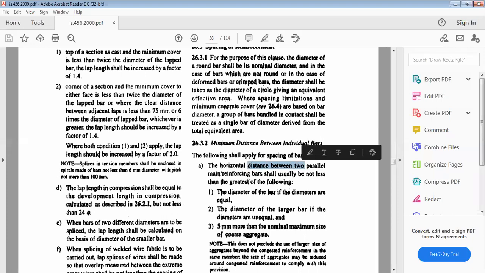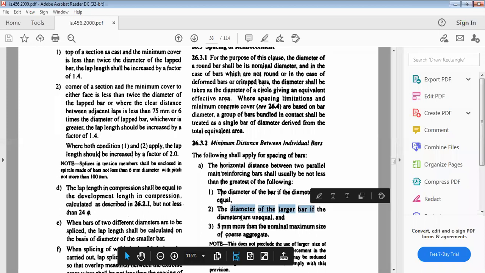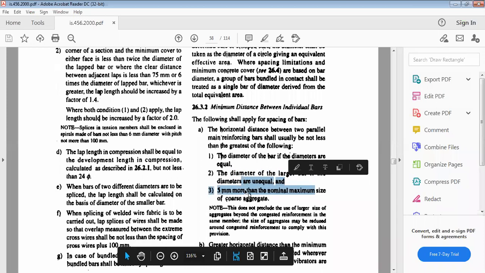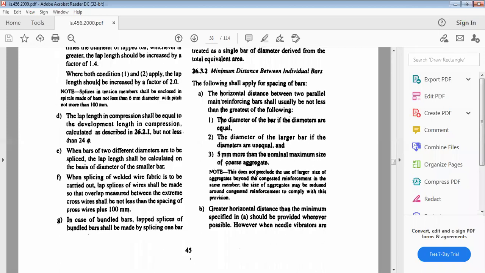The horizontal distance between two parallel main reinforcing bars shall usually be not less than the greater of the two: the diameter of the bar, if the bars are equal; the diameter of the larger bar, if the diameters are unequal; and 5 mm more than the nominal maximum size. I told you this before while we were talking about the reinforcing bars. The diameter of the bar is the first thing.